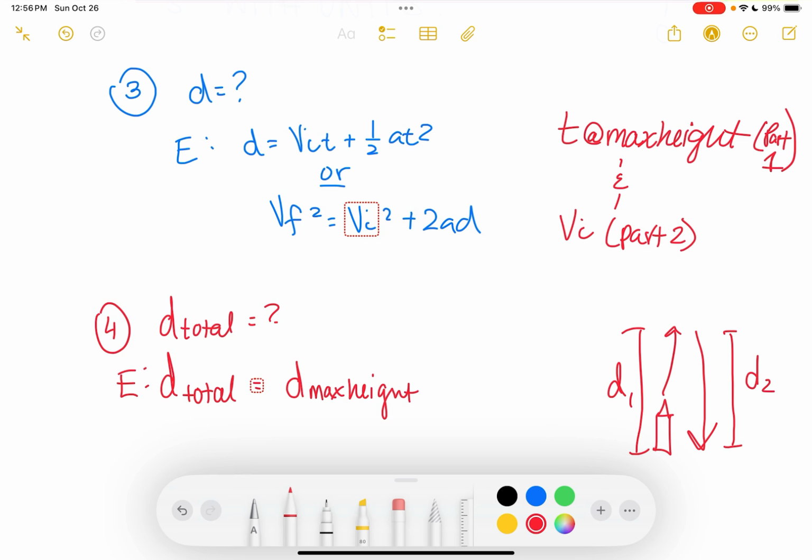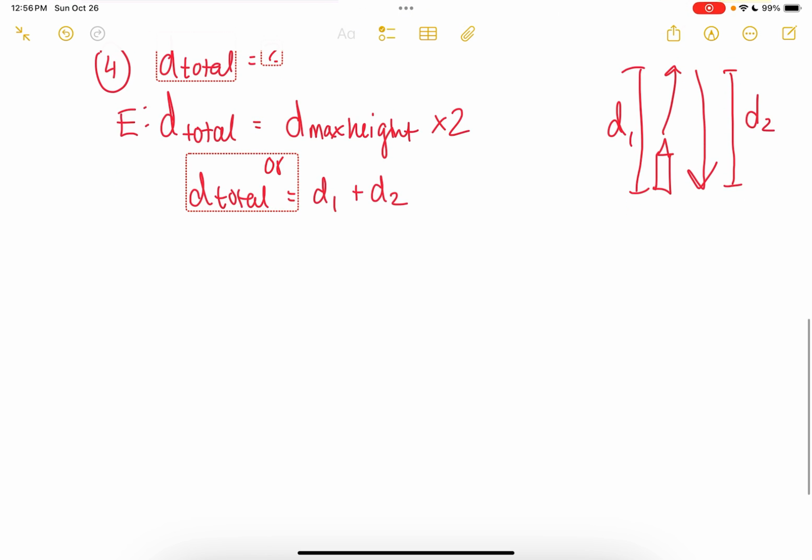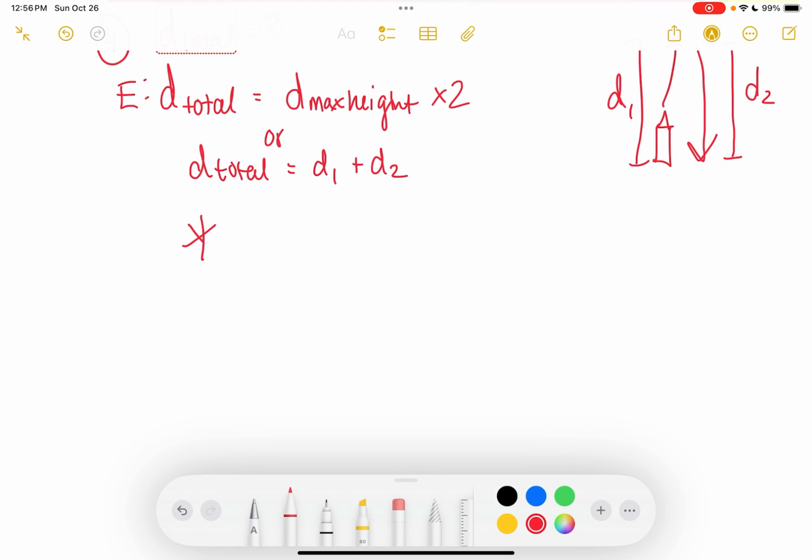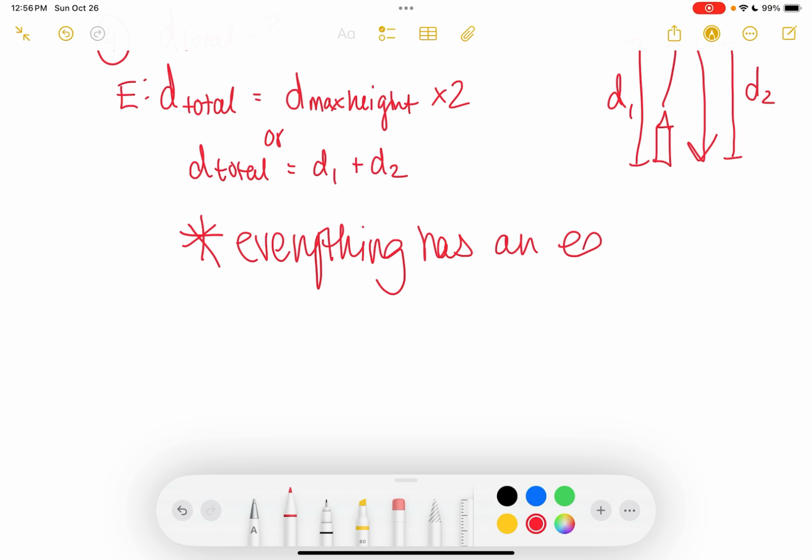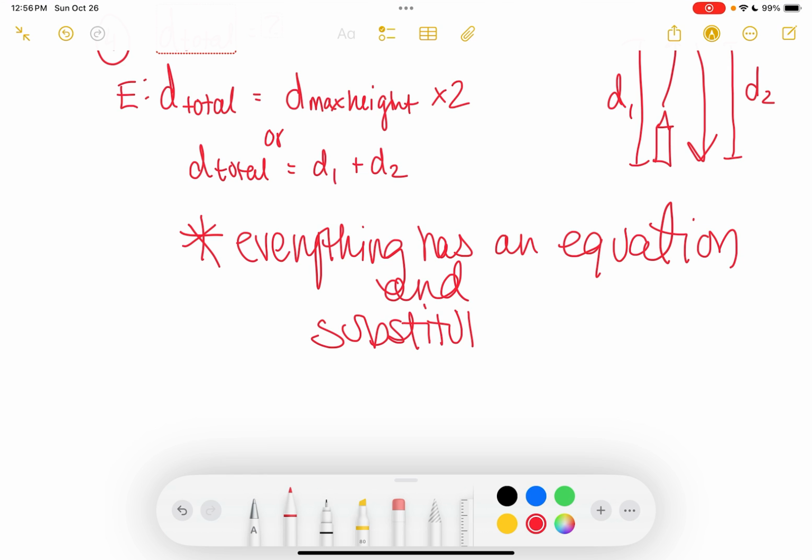Again, I'm just being specific. You could just write D times 2, or you could say D total is equal to D1 plus D2. Okay, so those are the 4 calculations that I have to see. Again, make sure everything has an equation and units, because I will be taking points off.